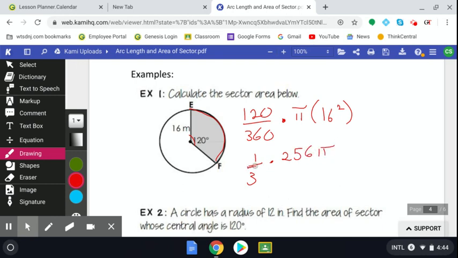And I can just multiply the tops together, and I get 256 pi out of 3.